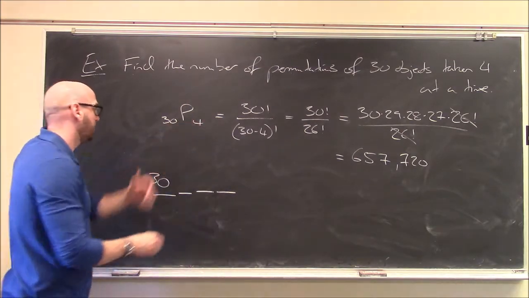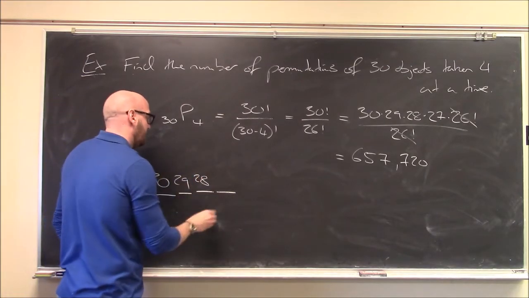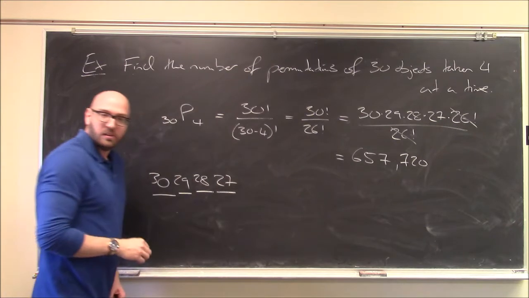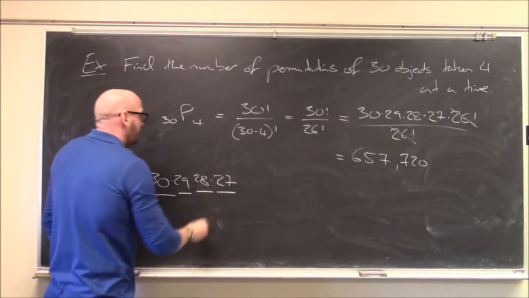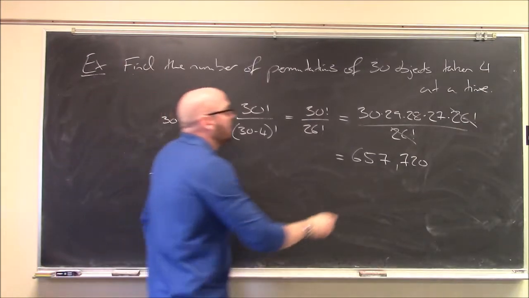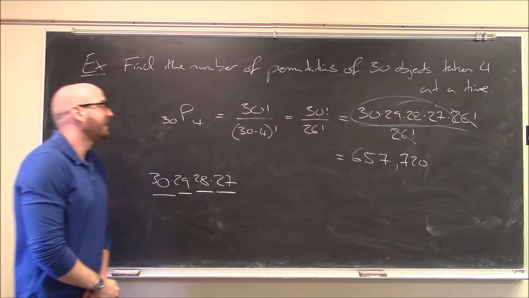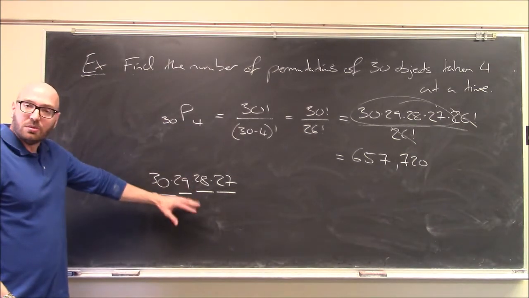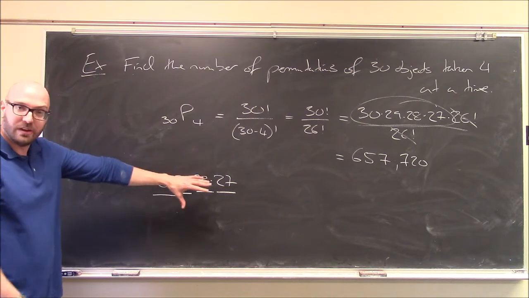For the second choice, I've got 29 objects. Third choice, I've got 28 objects. Fourth choice, I now have 27 objects to choose from. So how many different possibilities are there? Well, it's the product of all of these, which is exactly what we just counted. So if you want to keep thinking in terms of this, it's totally fine. To be totally frank with you, this is quite often how I think about permutations.